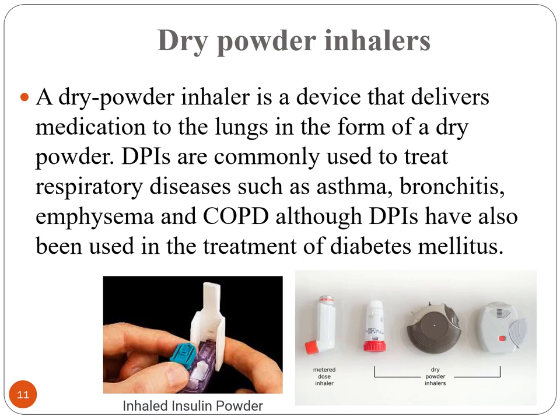Dry powder inhalers have also been used in the treatment of diabetes mellitus, because we have inhaled insulin powder, which facilitates the entrance of insulin directly to the lung to be absorbed directly from the bronchioles.